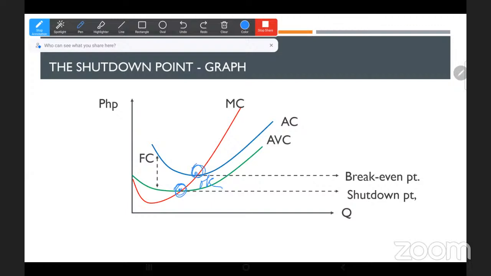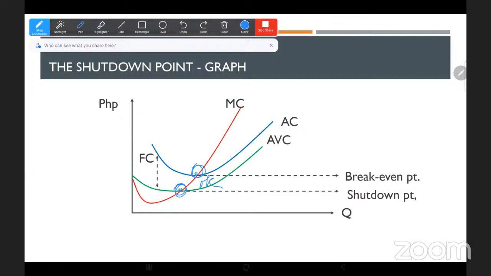How about price higher than the break-even point? Is that still good? And the answer is yes or no. Hindi siya trick question. Anyone? Yes or no? Yes.